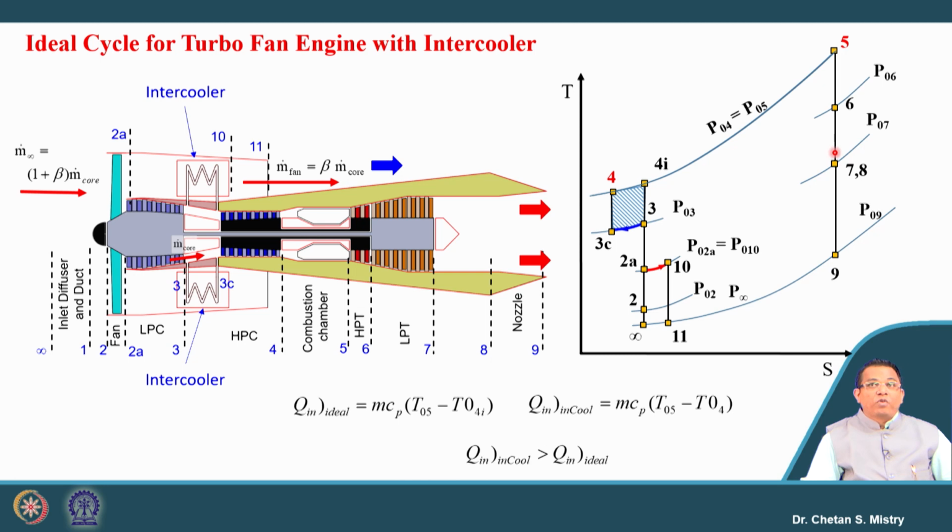But at the same time, we are putting in the additional amount of heat. So the fuel requirement will be higher. So you need to have some compensation in that sense. Okay, so this we say is an intercooler cycle.